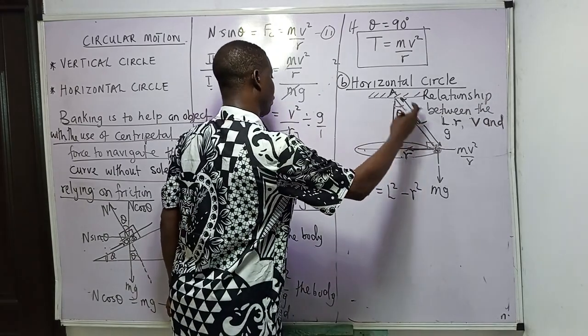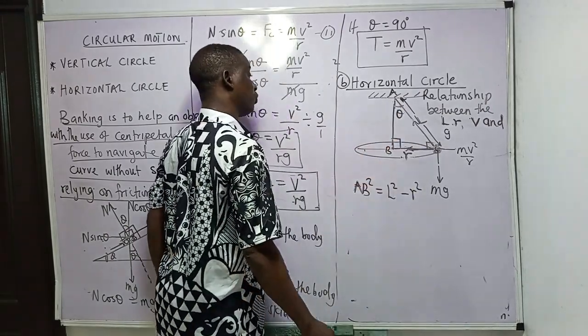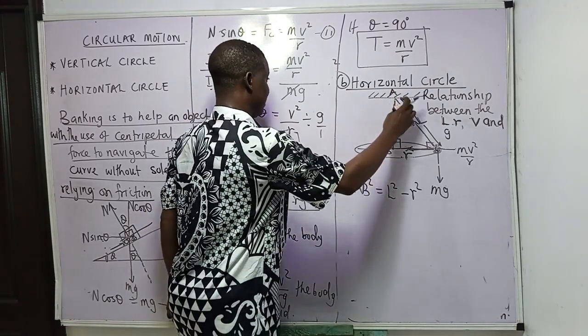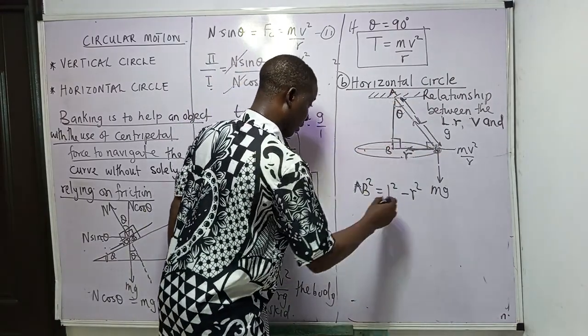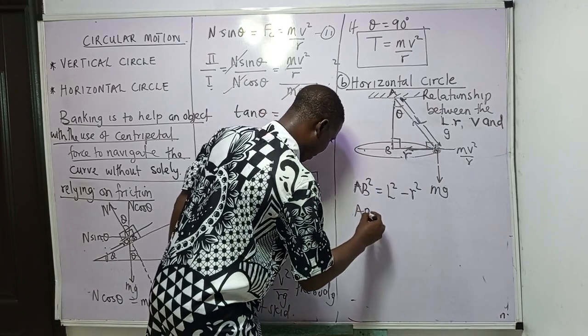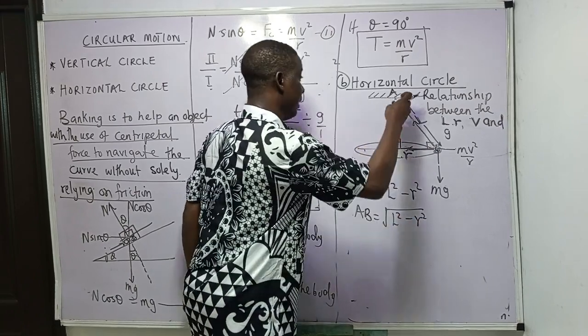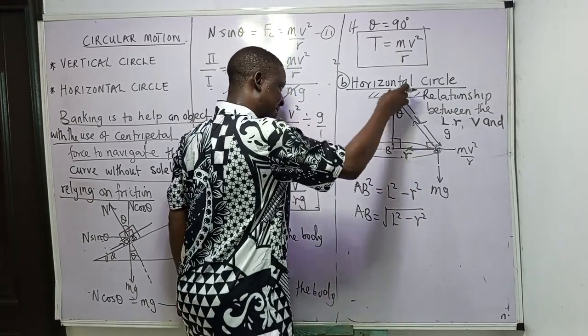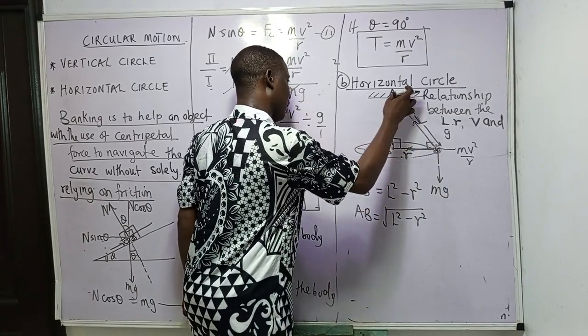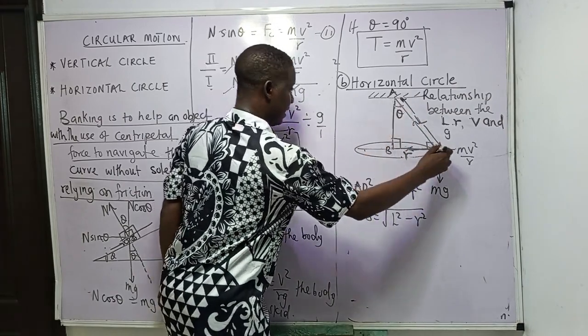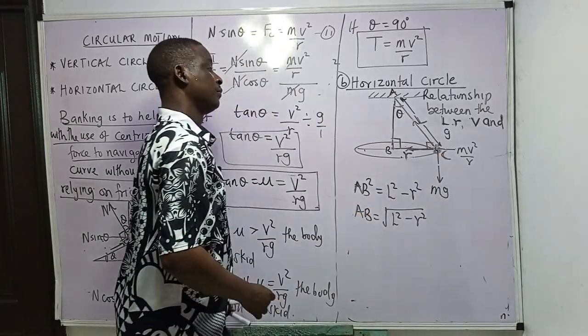Remember that here is the hypotenuse. If you look at this, this is a right angle triangle. Here is adjacent, here is hypotenuse, here is opposite. So AB becomes square root of L square minus R square. Here is AB, adjacent side. This is opposite, facing the angle. This is the hypotenuse. AC is the hypotenuse there.